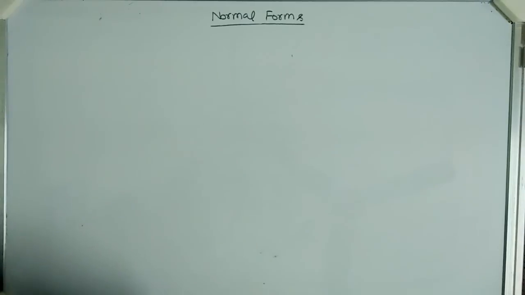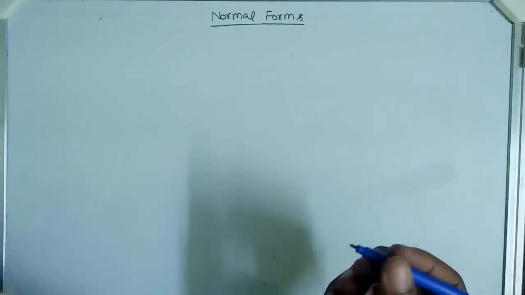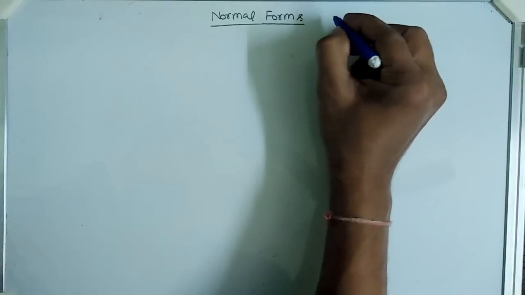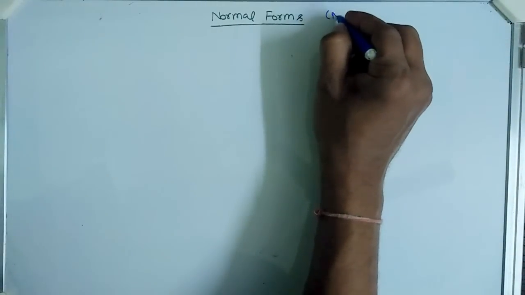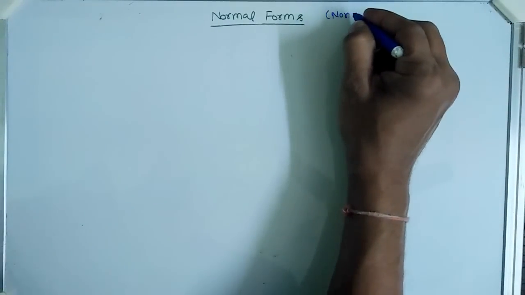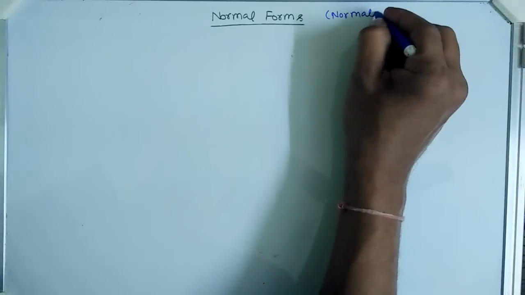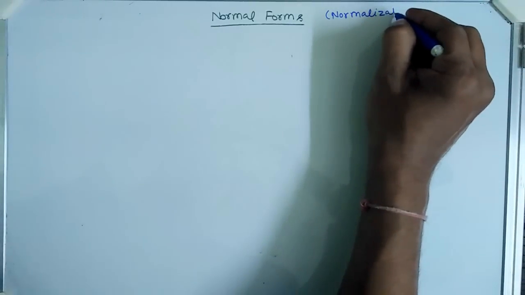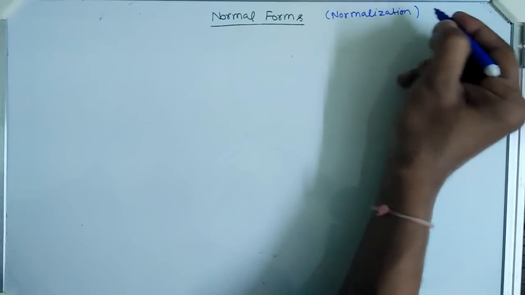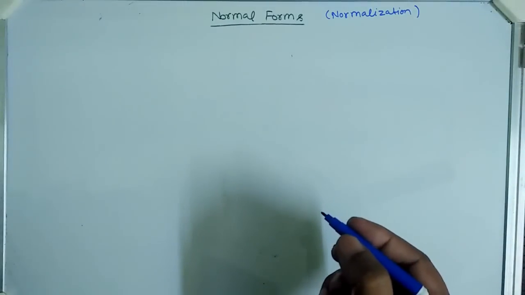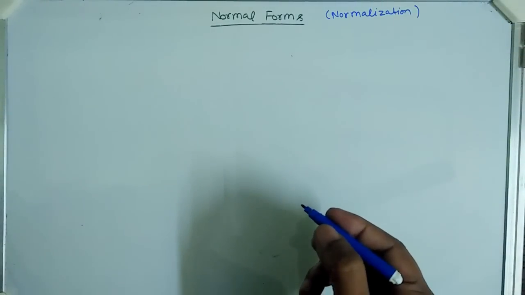Hello all. In this video, we will cover the concept of normal forms. Now, normal forms are basically used in the process of normalization used in the databases, and this normalization is generally used to avoid the redundancy in your database tables.